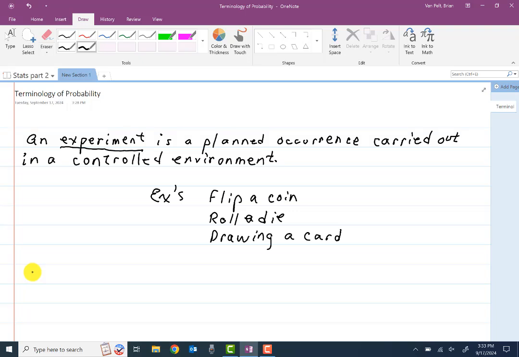Furthermore, the experiment is by chance if the outcome is not predetermined.